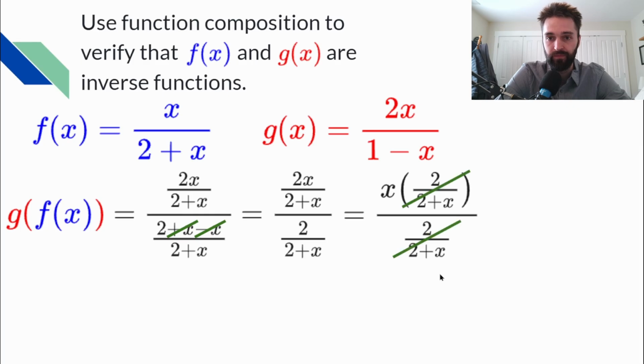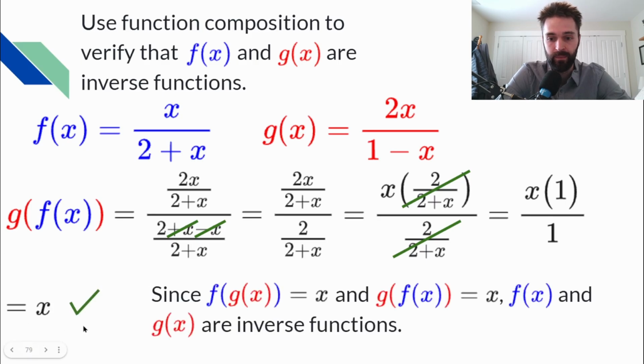And we can see that these two fractions cancel with each other. And that leaves us with x times 1 over 1, which is equal to x. So g of f of x is equal to x. Since both of these equations are satisfied, that means that f and g are inverse functions.